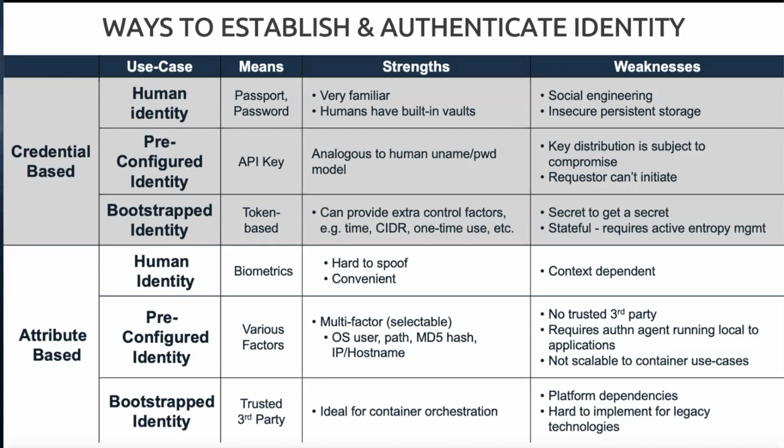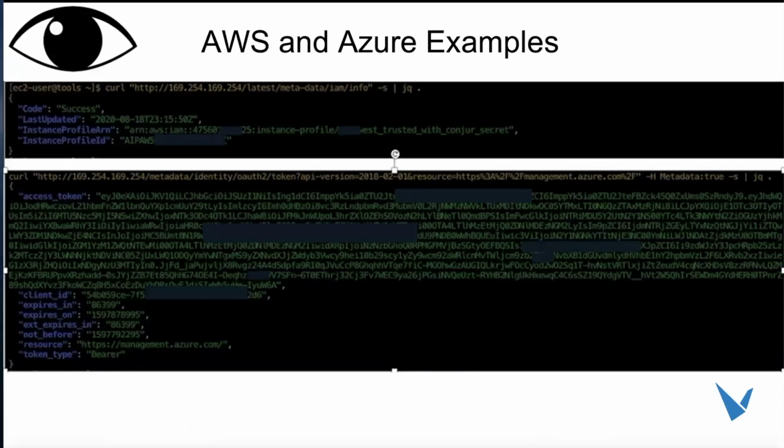What I'd like to do today is give everybody a peek into what is already available to us in the various cloud service providers, okay? In particular, we're going to look at Azure and AWS. AWS, for example, in this top picture here, provides the identity metadata service.